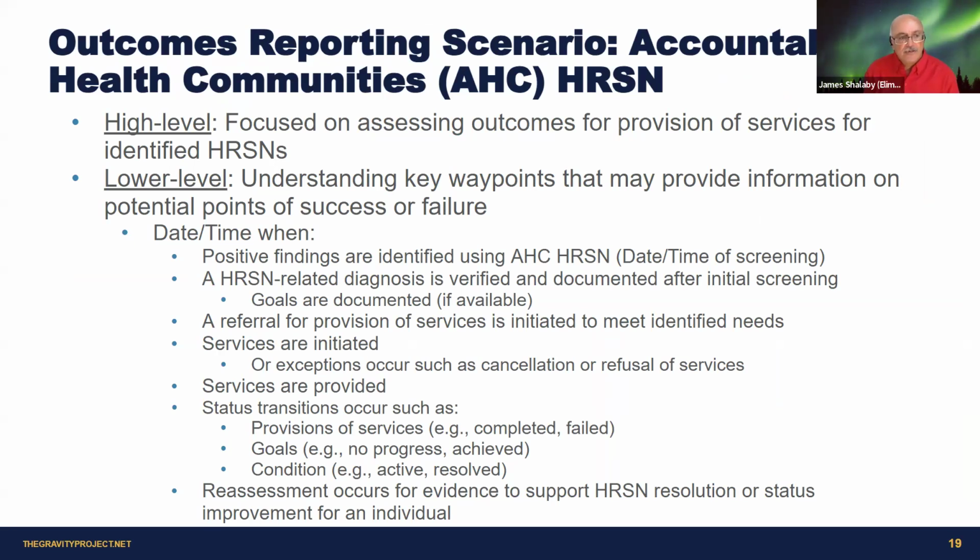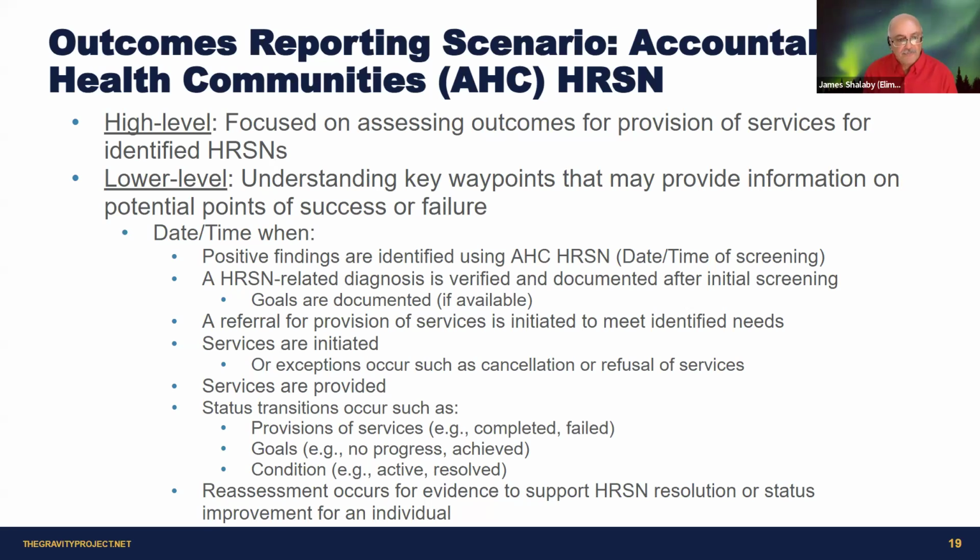But on a more detailed level, as I was saying, there's interest in understanding how much time has elapsed from the time that a screening has been done to the time that a diagnosis has been made, from that point to the time that a referral or provision of services was done, and how much time it takes to provide services.